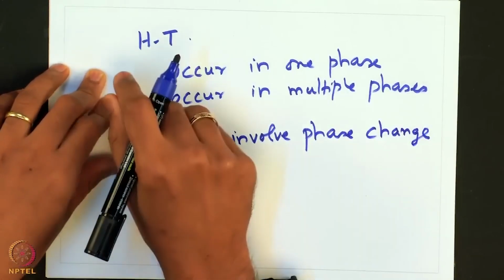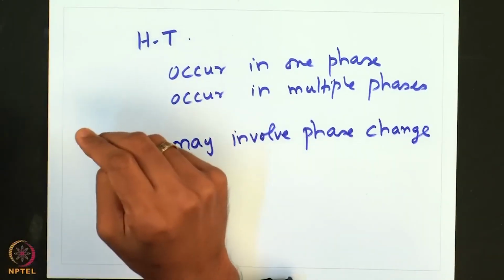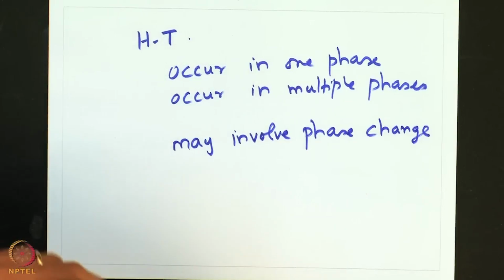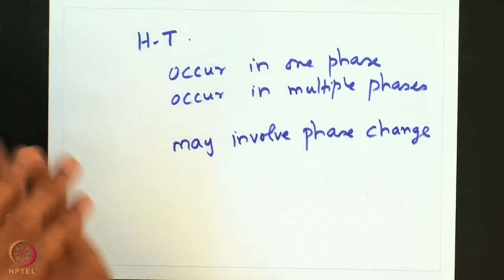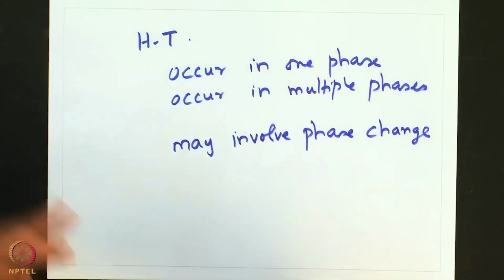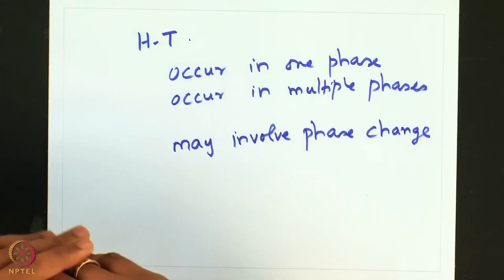For example, if one wants to heat water, then you are looking at transferring heat from the bottom of a beaker which is containing water, let us say, and you want to transfer heat from the bottom surface to the water, where you first heat up the fluid, and the fluid, once it reaches a boiling point, then there is a nucleation phenomenon that occurs, and the water gets converted from the liquid into a vapor phase.